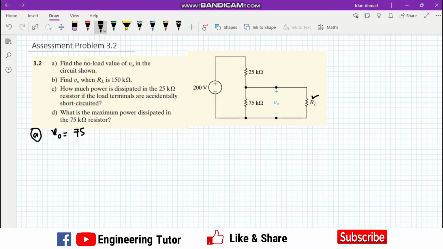Now this is a simple series circuit, with 25 kilo ohm, 75 kilo ohm, and a voltage source of 200 volts.